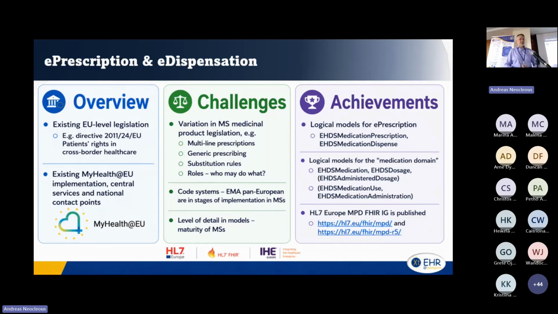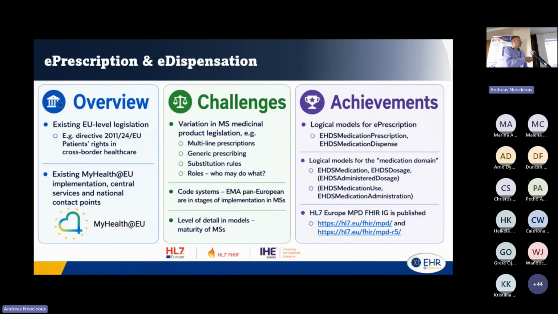had code systems. The European Medicines Agency is in the stage of implementation of pan-European code systems, but the uptake in member states is also varying.